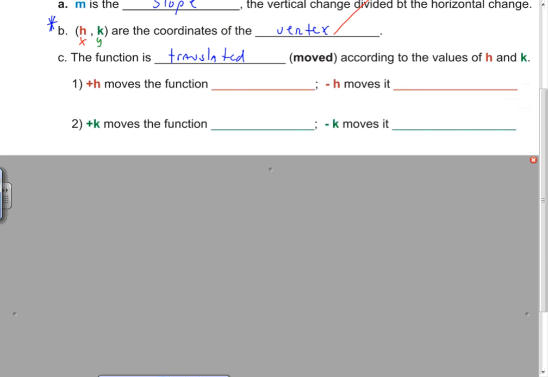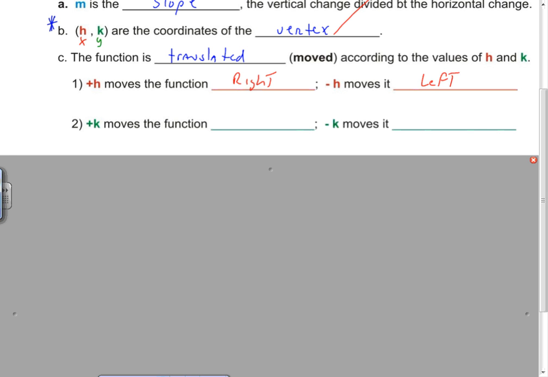If h is the horizontal, positive h should move you to the right. Because what's positive on the horizontal axis? Right is positive, and left is negative, so negative h moves it left.